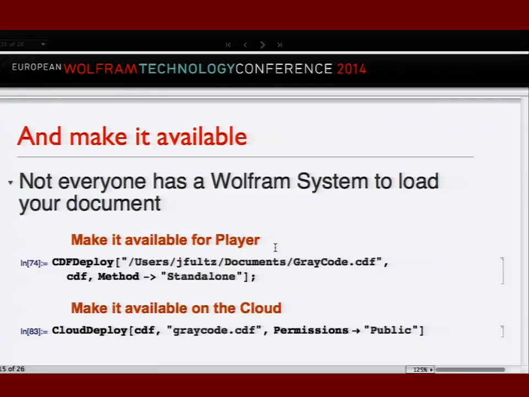In the vein of doing programmatic stuff, it's easy just to extend that and write one more line of code. And here's what I've done. I can make it available to anyone with Mathematica or Player or any of the other Wolfram System products. CDFDeploy, and it's as simple as that.